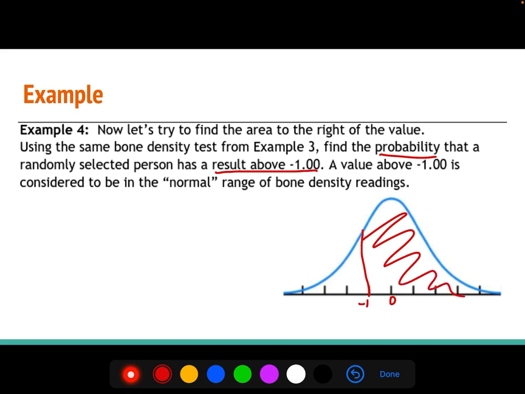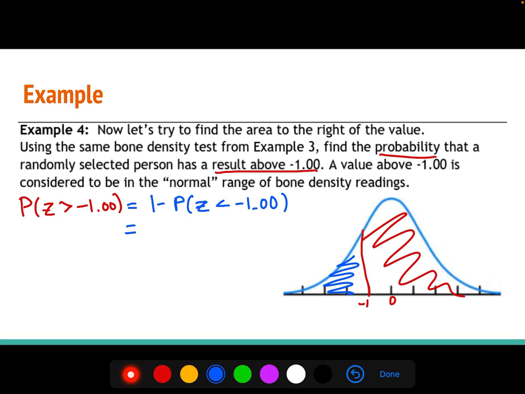We want everybody above -1. Well, how do we do that? The probability that your Z-score is above -1 is the same as 1 minus the probability that your Z-score is less than -1. So 1 minus that would give you the red part.